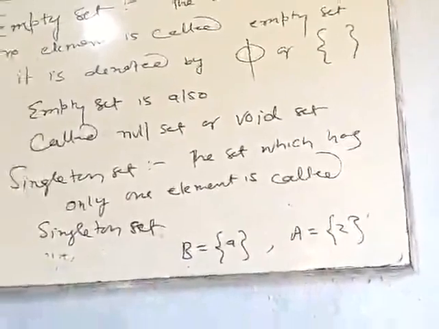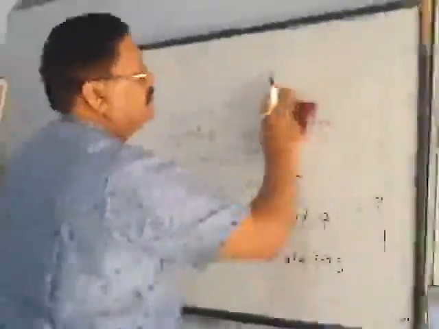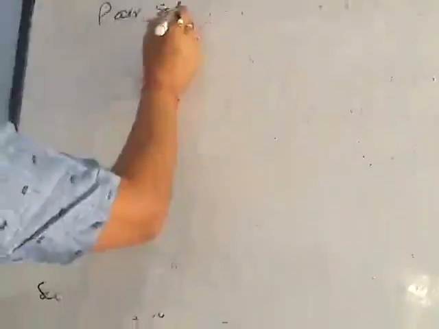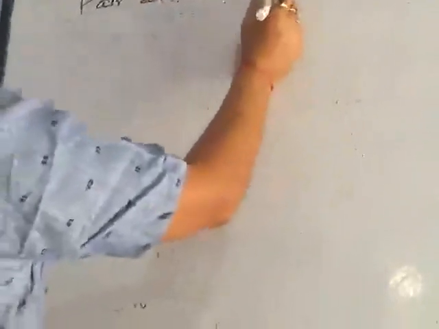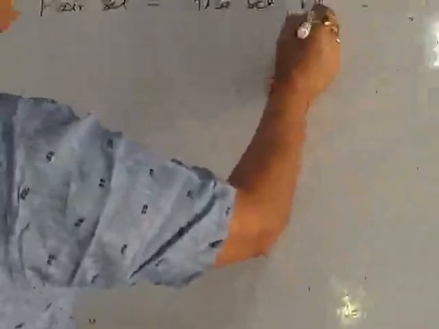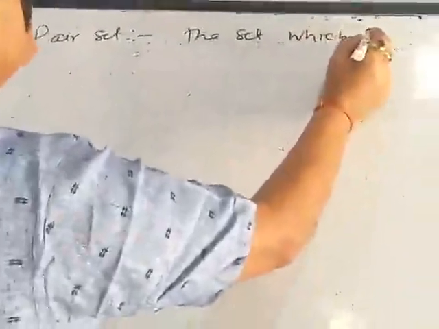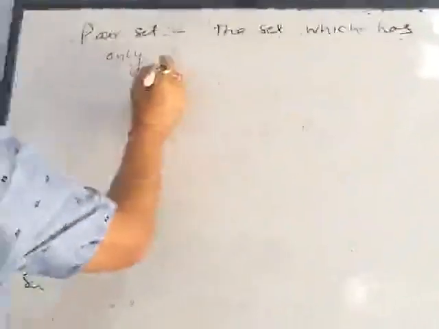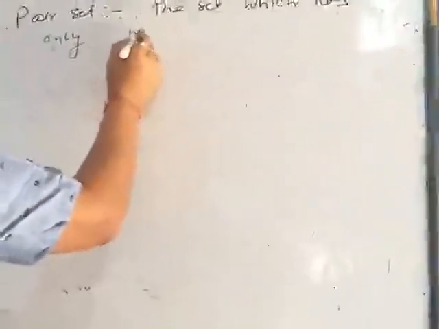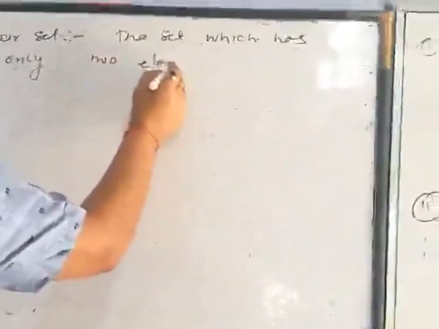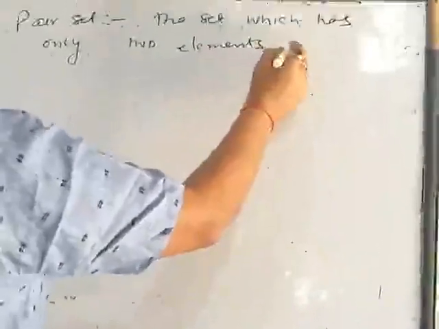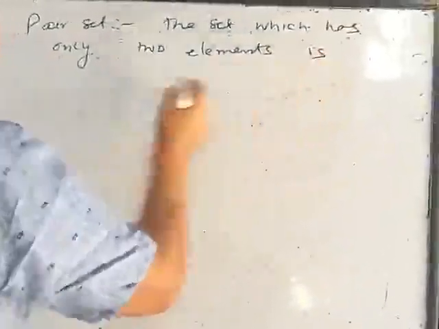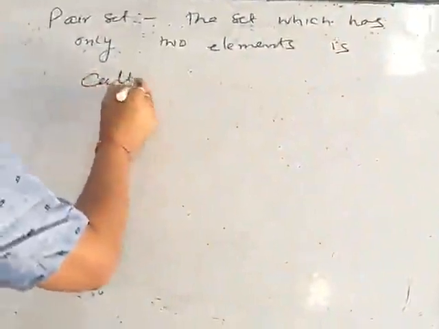Now we come to the pair set. The set which has only two elements is called a pair set.